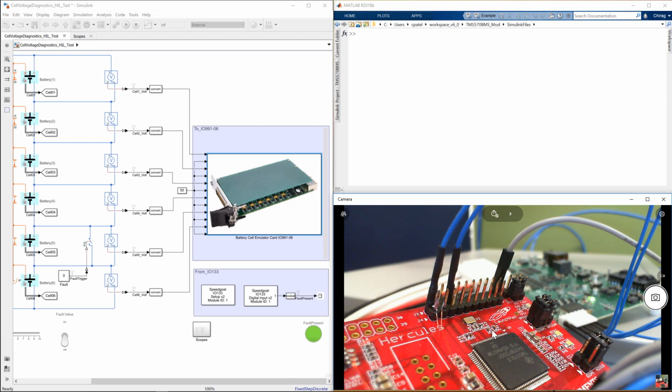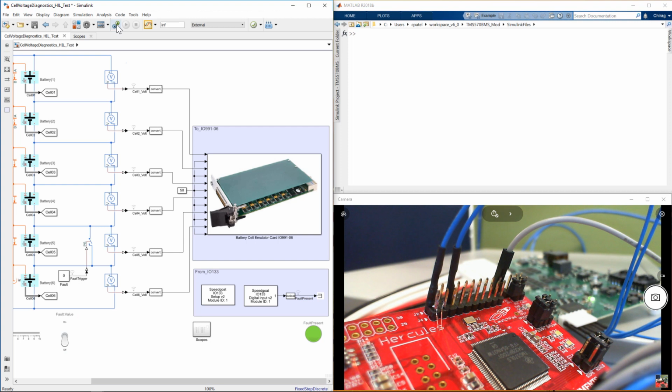The BMS controller performs diagnostics on cell voltages and generates a fault status in the case of over or under voltage fault, or short between 2 terminals. In this case, the BMS controller turns on the LED in the event of fault and outputs its status on a digital output port. We read fault status from the BMS controller using digital input port of IO133 to check if the controller logic is performing as per the requirement.